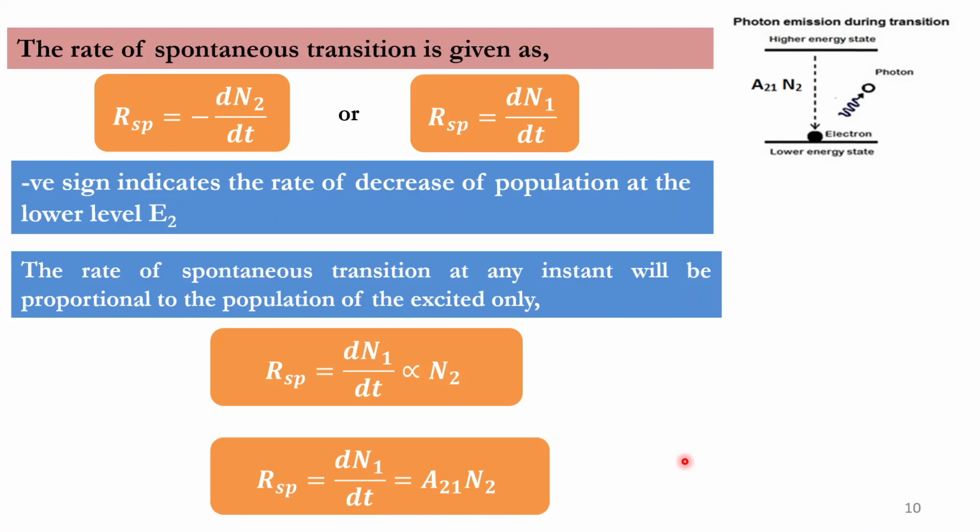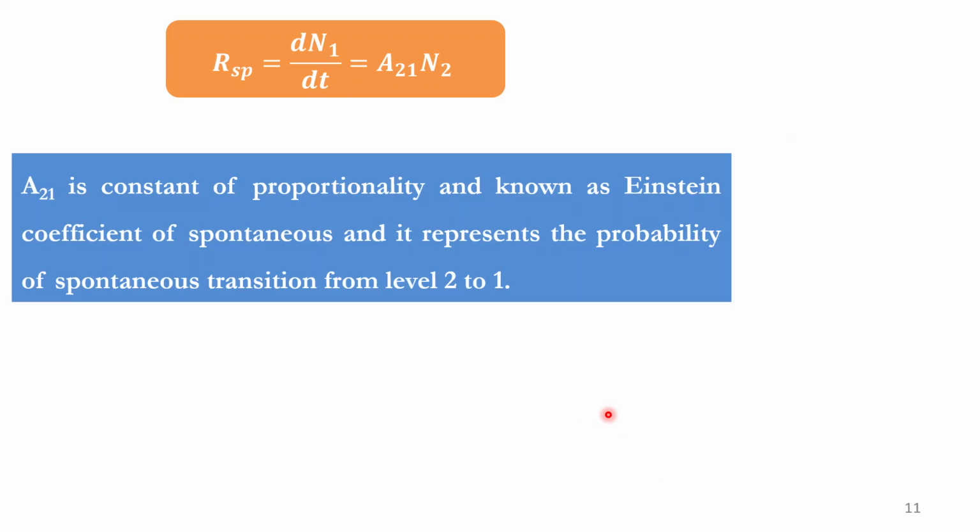Therefore the rate of the spontaneous transition is equal to A21 into N2. Here A21 is the proportionality constant, known as the Einstein coefficient of spontaneous emission, and it represents the probability of the spontaneous transition from level 2 to 1.